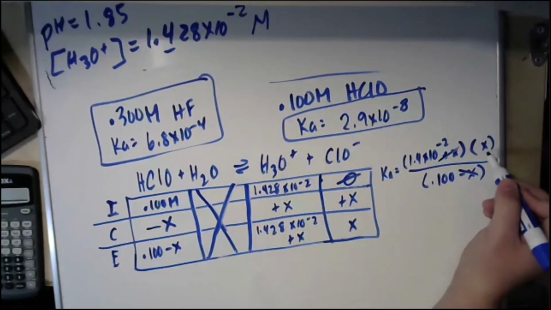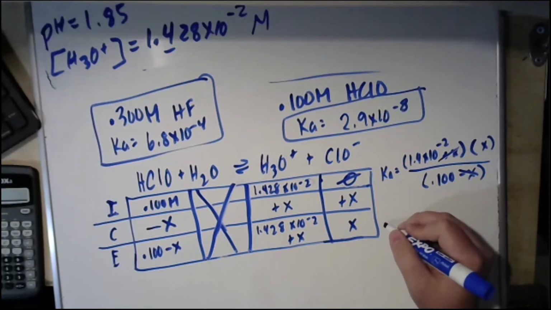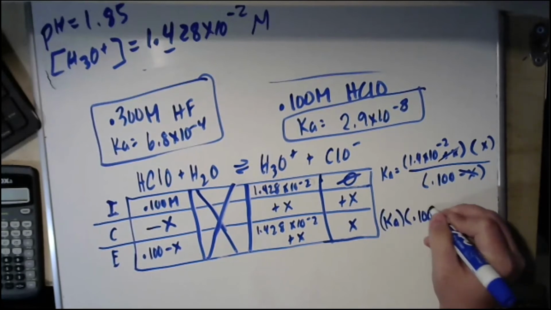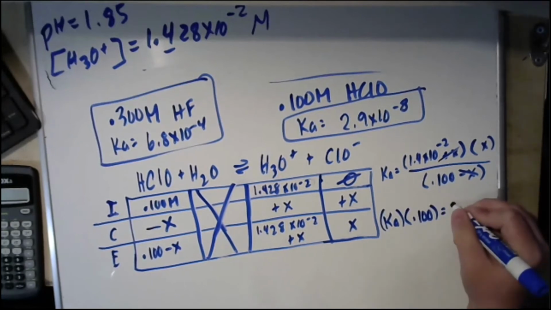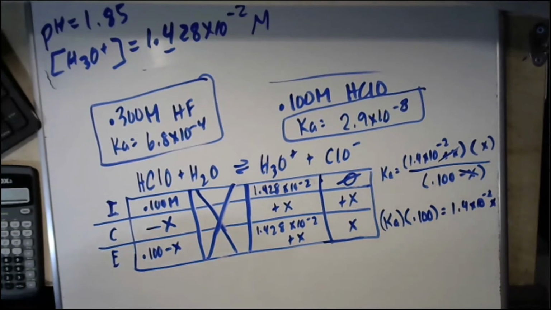And we're going to solve for this remaining X value. Okay, so we're going to rewrite this as Ka times 0.100 equals 1.4 times 10 to the minus 2 X. Right, and we're going to solve for X.